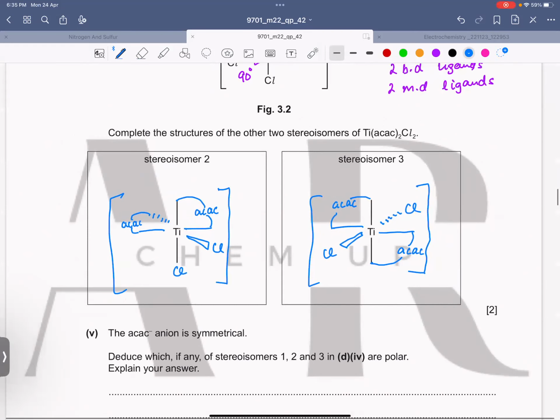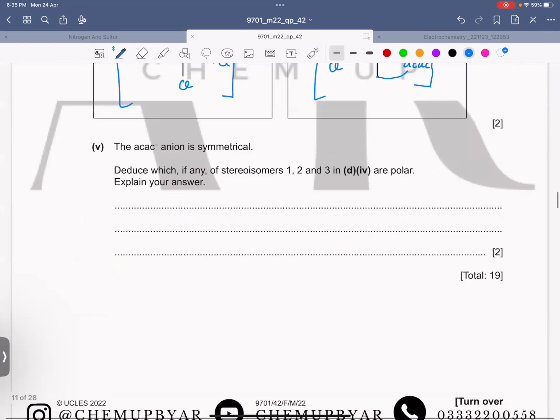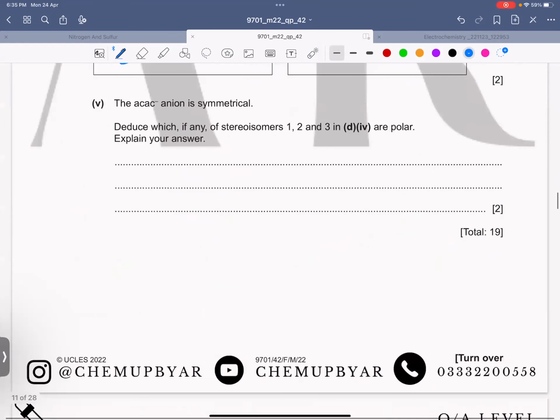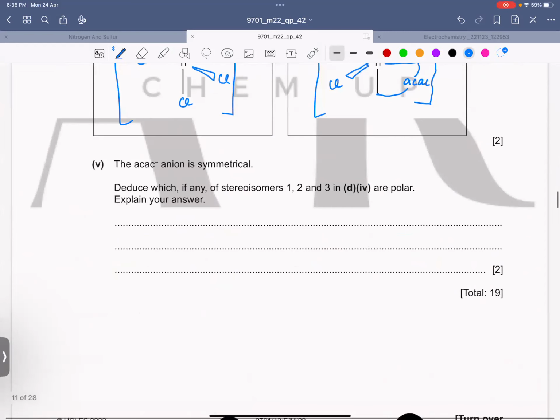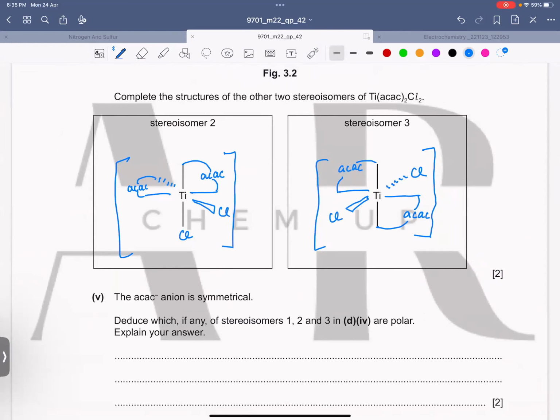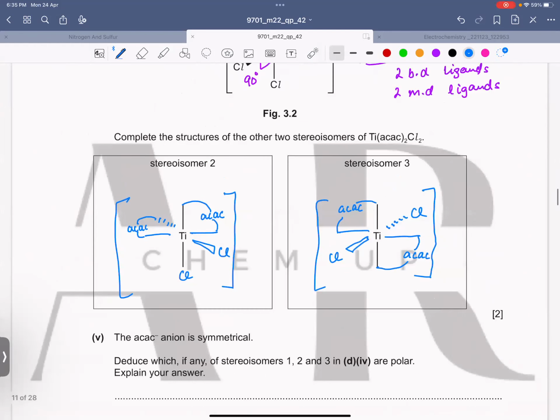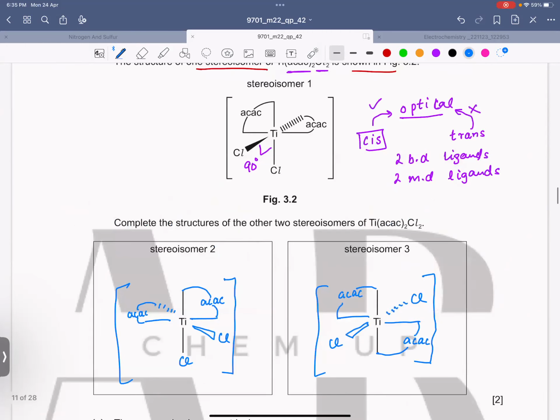Sir, is it necessary to draw the brackets on the side of the complex we made? If we don't draw them, marks will be deducted. Yes, there is a possibility, because they have shown you the brackets outside the complex, so you should make the brackets over here.